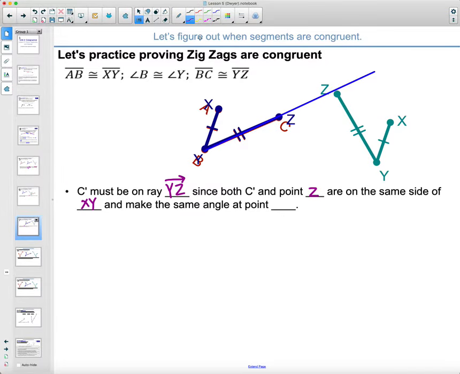Once I've moved this over, I know it's on the same side of XY, on the same side as Z. And I know it's on that ray because the angle is set, because it has the same angle as Y. They told us angle B and angle Y are the same. So once I set this down, this angle's the same, so C is going to be on the same line as Z.